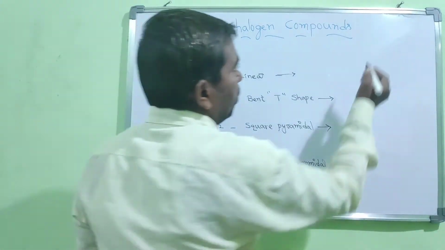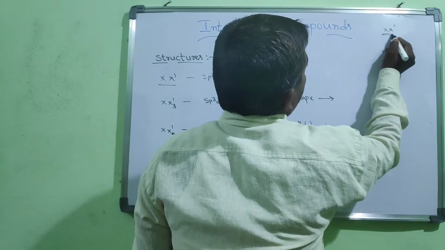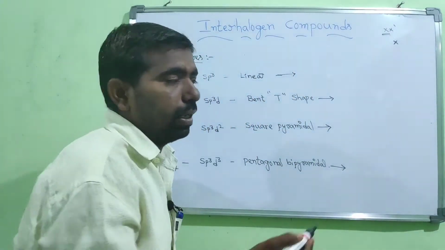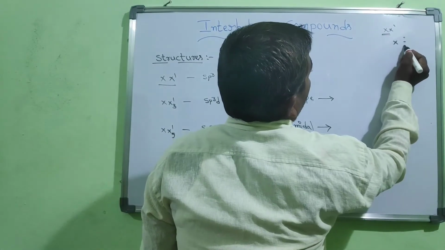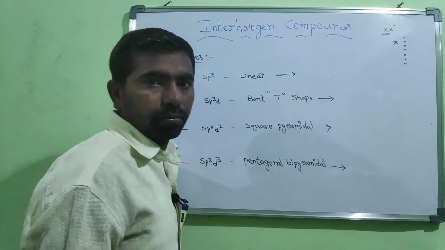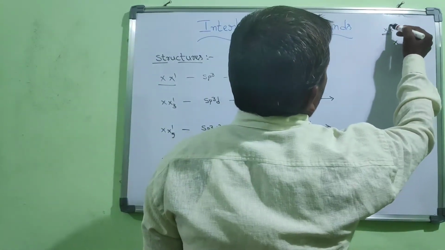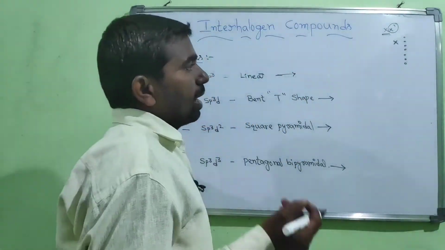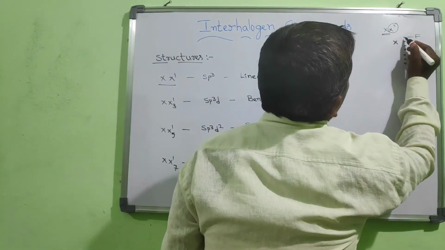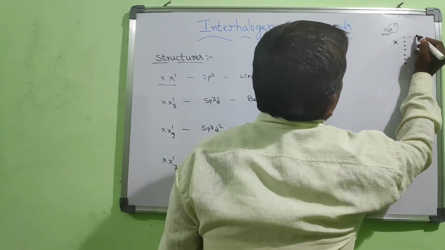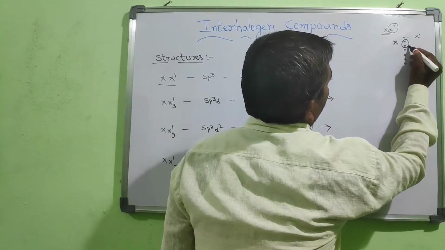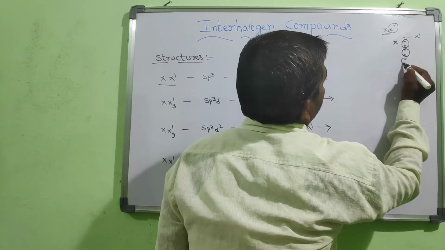In this molecule, X is the central atom. X belongs to the halogen family, which means there are 7 electrons in the outer shell. X', also a halogen, can form only one single bond, using its electron. The other electrons I am considering as pairs.